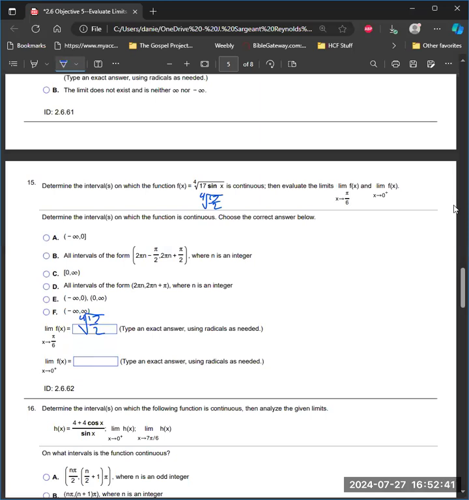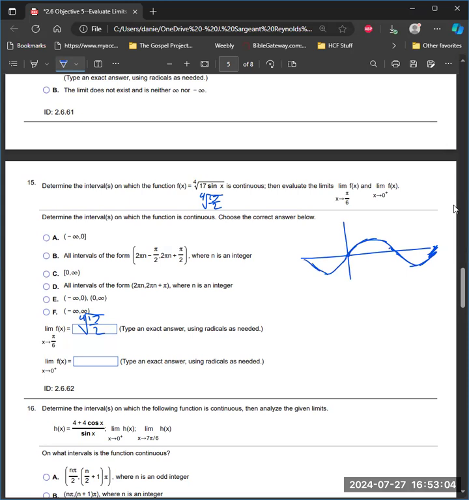It's okay as long as sine is greater than or equal to 0. The sine function, figure that out. We can't be pi to 2 pi.